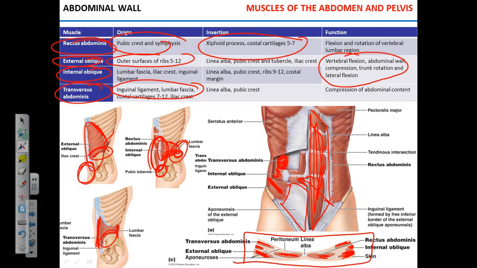Now, another feature for those of you who exercise. What do you think is one of the most effective exercises for the abdominal wall? Deadlift.